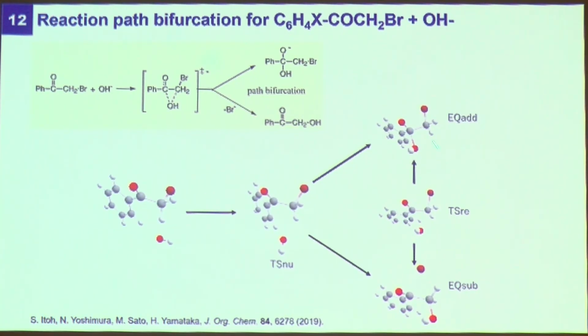And the two products are connected by a single transition state. So by changing this X substituent, in some cases, the IRC is connected to this, and in other cases, the IRC is connected to this.